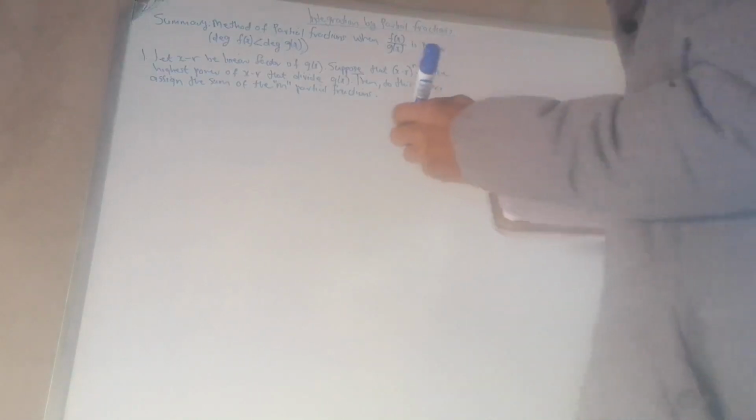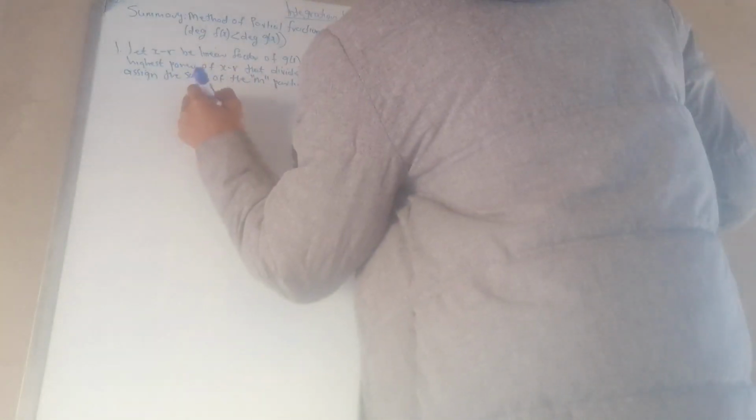Right, we mean the following. We will say, okay, since x minus r to exponent m divides into this, and I have f at x divided by g at x, I'm going to use the alphabet a1 to represent the numerator function, and on my denominator I have my linear factor that divides into g at x, x minus r.